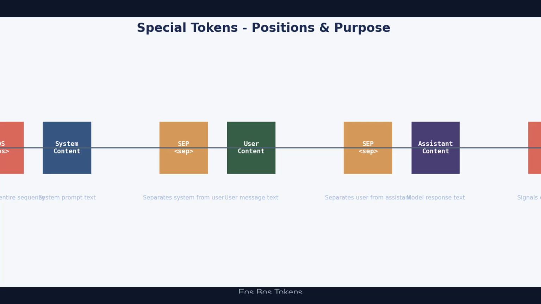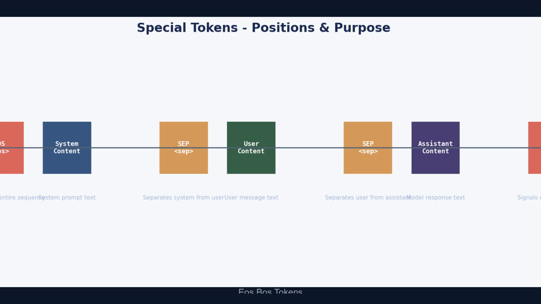This diagram maps the positional role of every special token in a complete conversation sequence. BOS, beginning of sequence, opens everything. The system content follows, separated from the user message by the first SEP token. The user content comes next, separated from the assistant's response by a second SEP token.